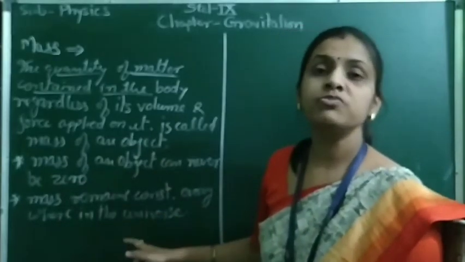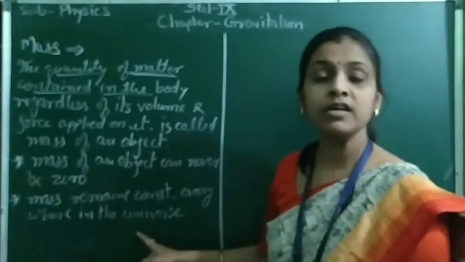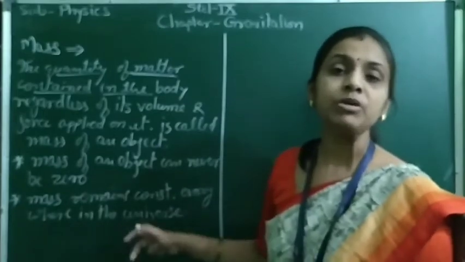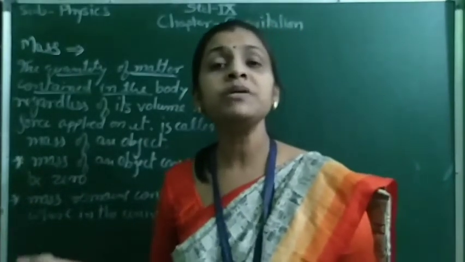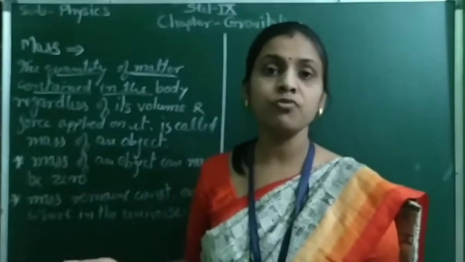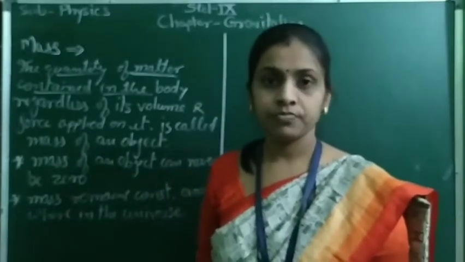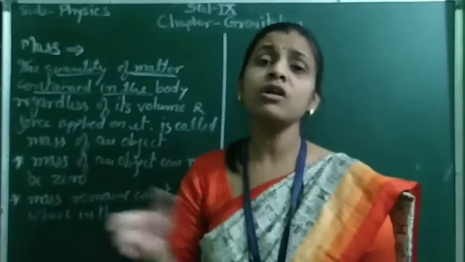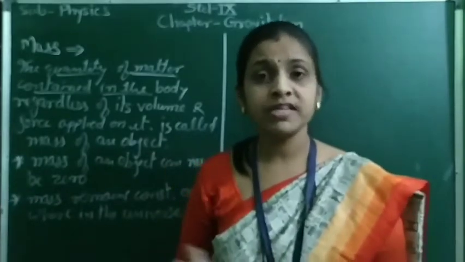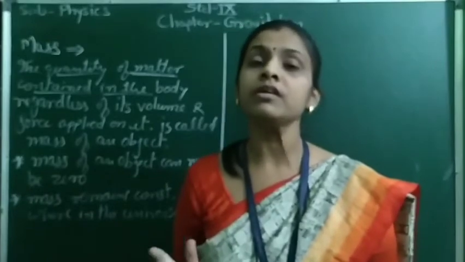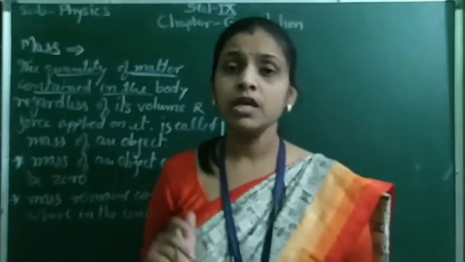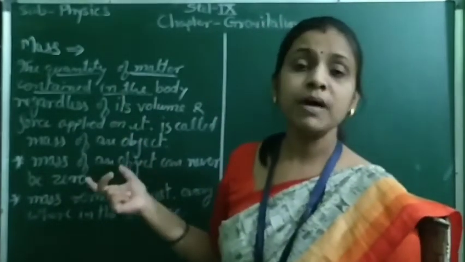And why does mass of an object remain constant everywhere? Because it is independent of all the external factors like speed, velocity, acceleration, force, volume, etc. So all these factors do not affect the mass of an object, and therefore it remains constant everywhere in the universe.